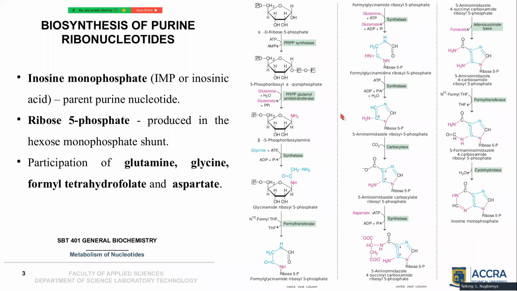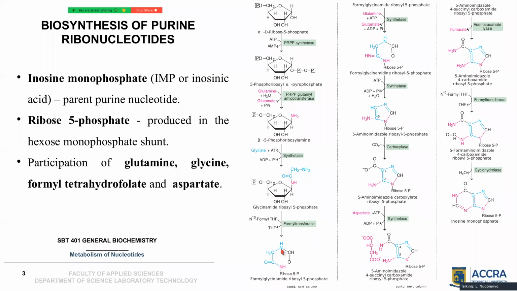So now you have seen the 3 amino acids in action. Glutamine coming in first to give the amine group. Glycine comes in, gets conjugated on that amine group, almost like a peptide bond being formed on the ribose 5-phosphate.